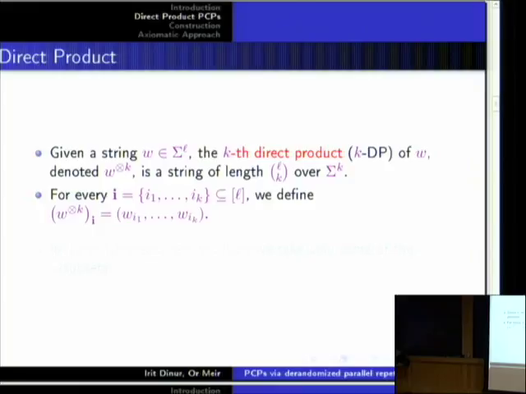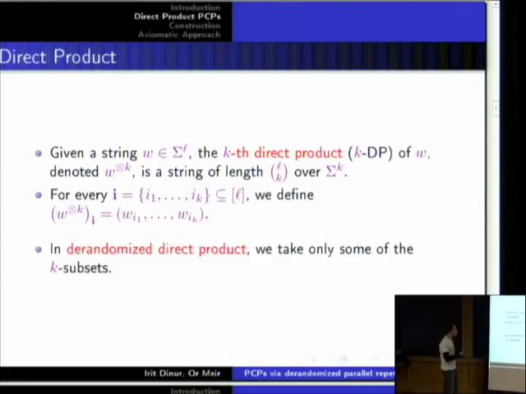Will it matter that you chose L choose k, not L to the k? No, it doesn't really matter, but it is more convenient to use sets than tuples. Okay, so this is how direct product goes.